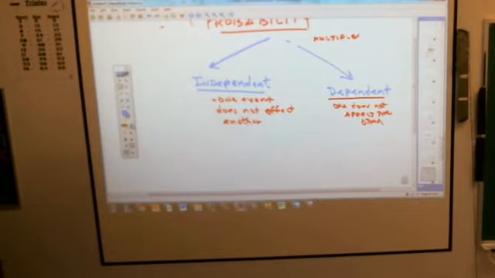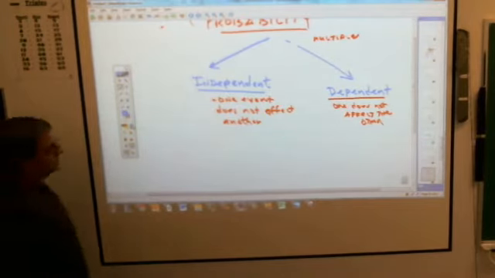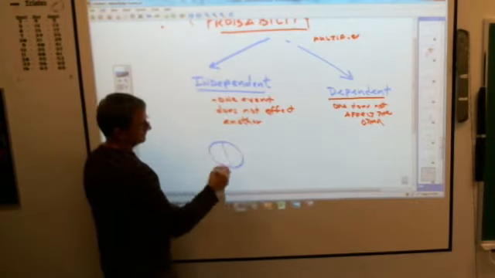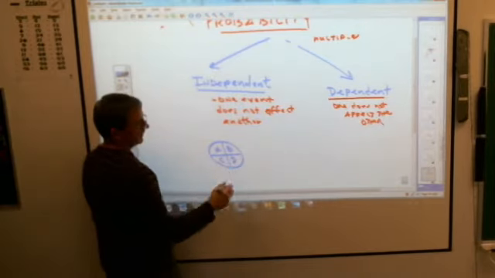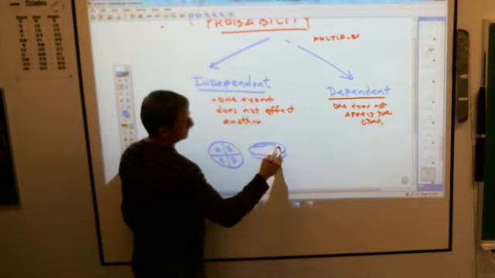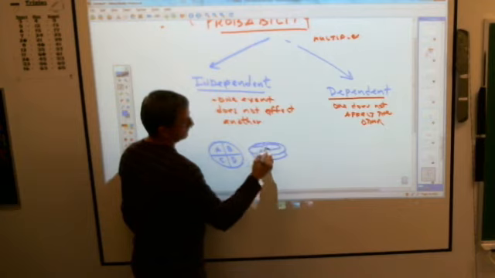Well, let's look at this. Let's say you have a spinner that's split into A, B, C, and D, and you are flipping a coin. Make it a penny.